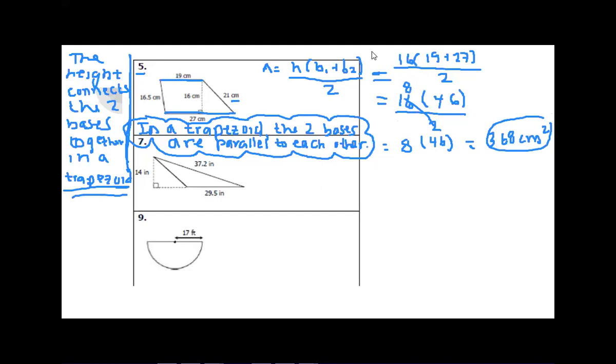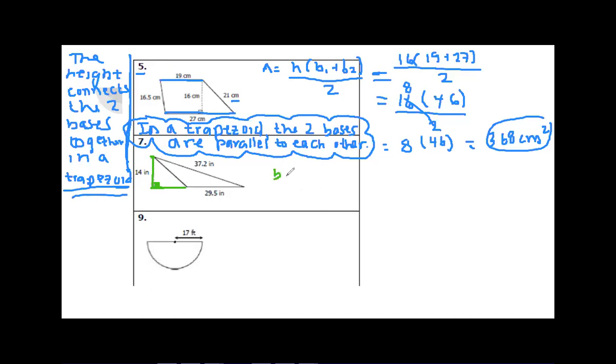Now for number 7, okay, this is a triangle. But what we're doing here is a little bit different because our picture looks different. So if you see a picture like this, where you have some dotted lines on the outside, the line that goes from the top all the way down to this bottom piece at a 90-degree angle is going to be your height.